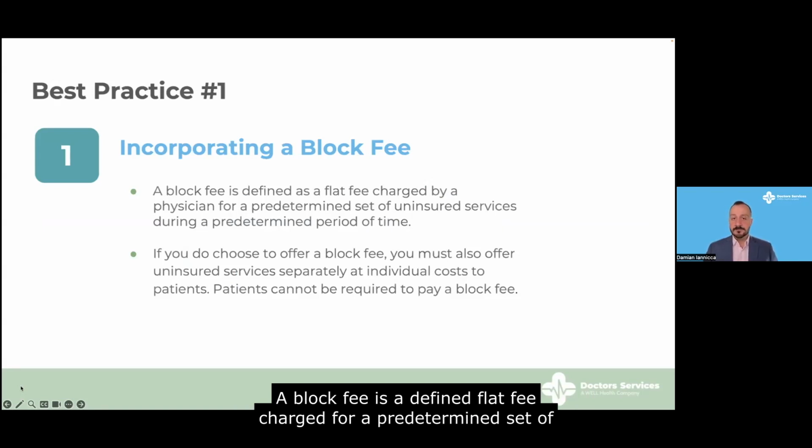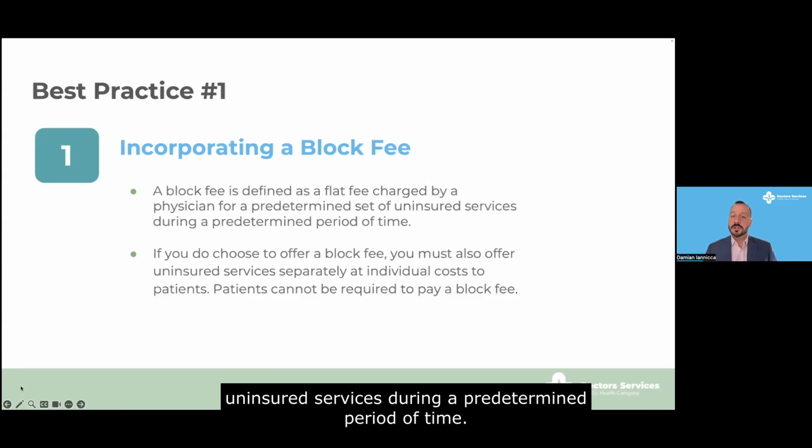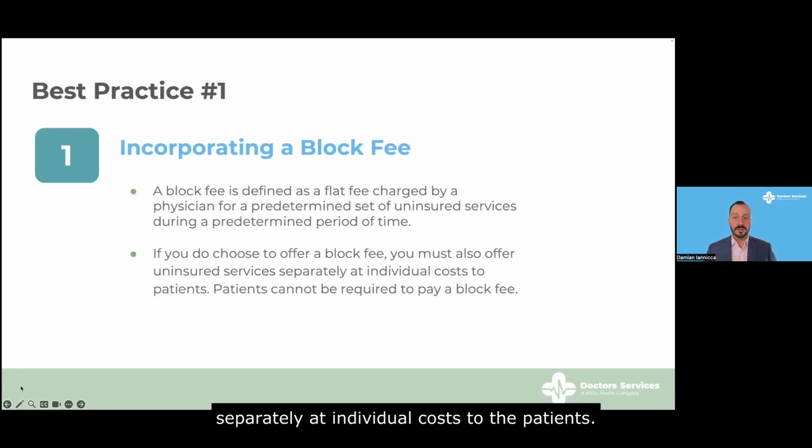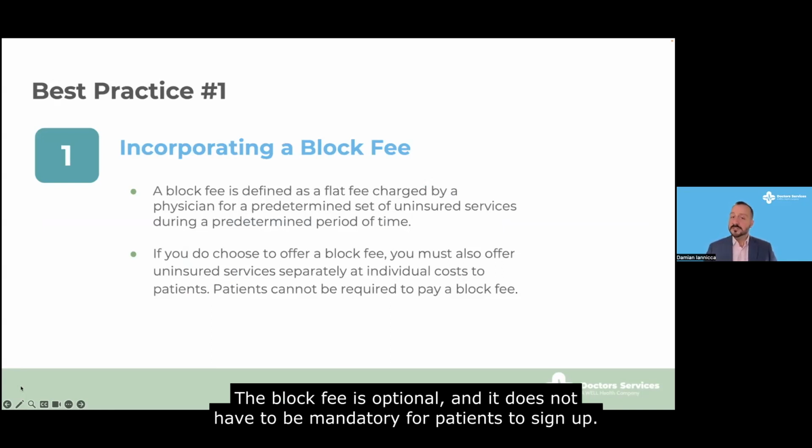A block fee is a defined flat fee charged for a predetermined set of uninsured services during a predetermined period of time. If you do choose to offer a block fee, you must also offer uninsured services separately at individual costs to the patients. The block fee is optional, and it does not have to be mandatory for patients to sign up.